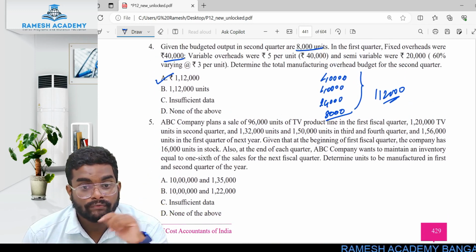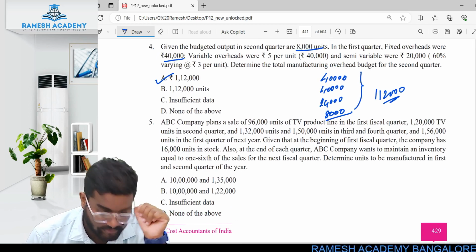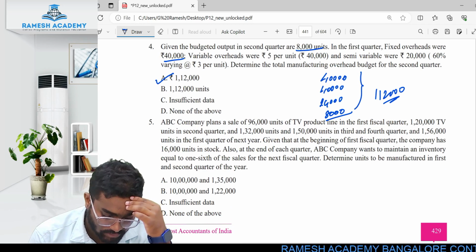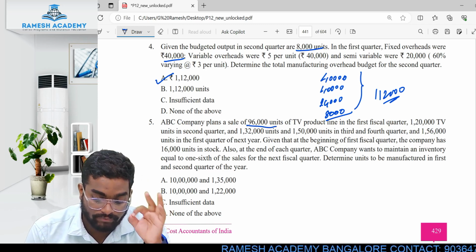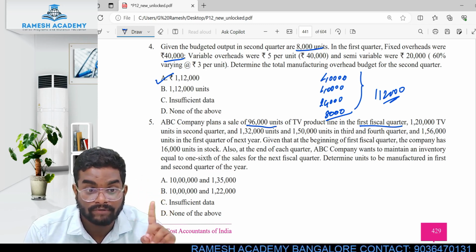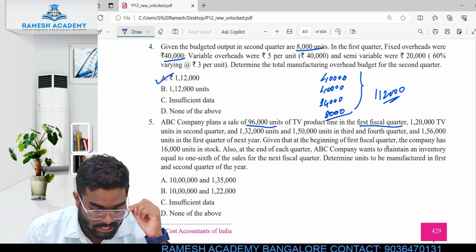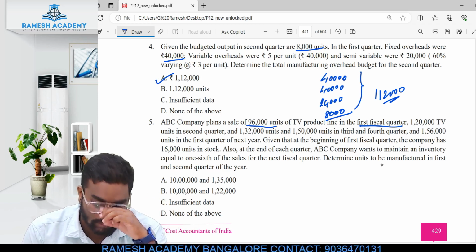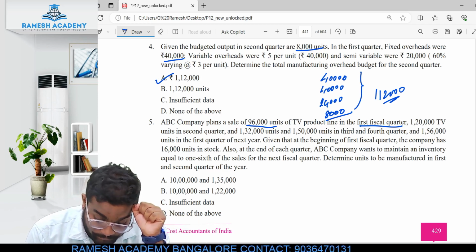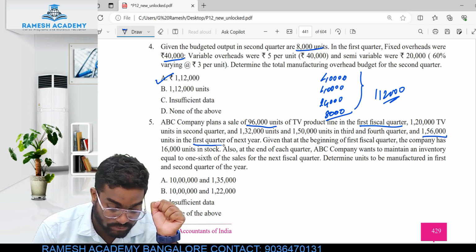Now the fifth one, the option is wrong, but we'll see what the concept is first of all. ABC plans 96,000 units of TV in the first fiscal, which means first quarter, and 1,20,000 in the second quarter, 1,32,000 and 1,50,000 in the third and fourth quarter respectively, and 1,56,000 in the first quarter of the next year.